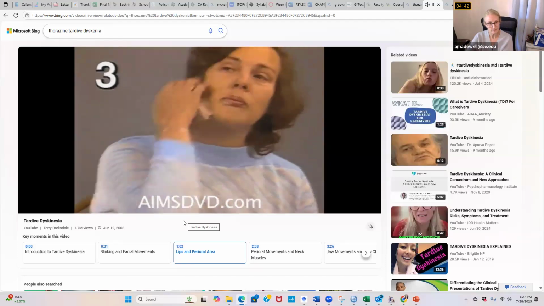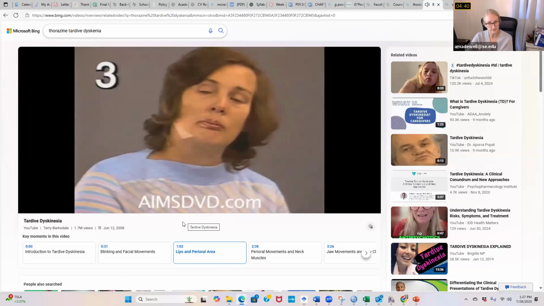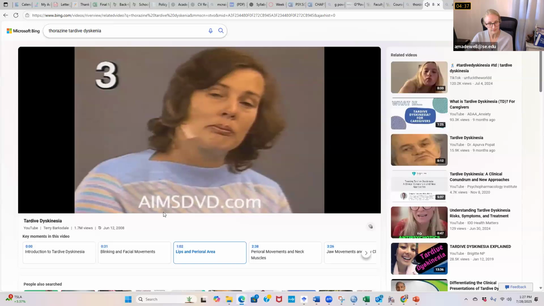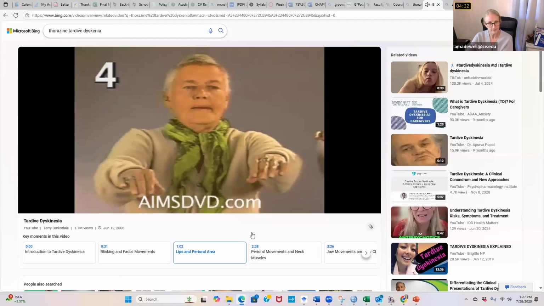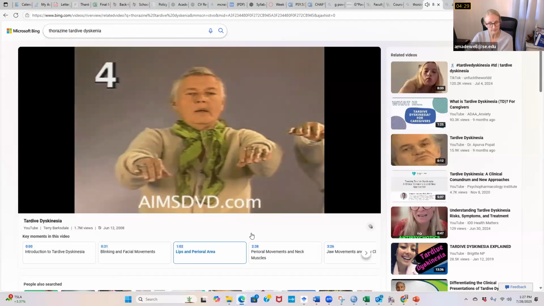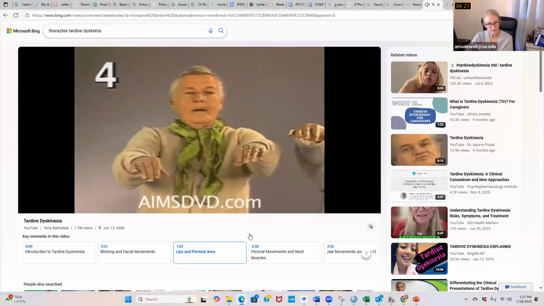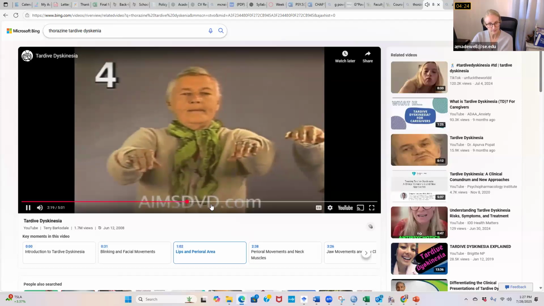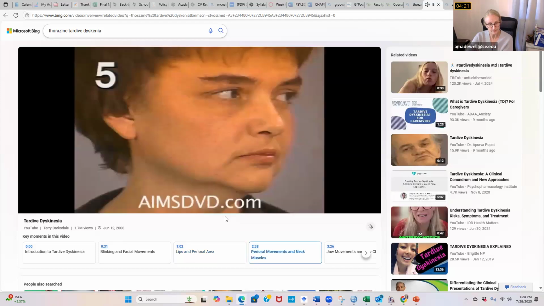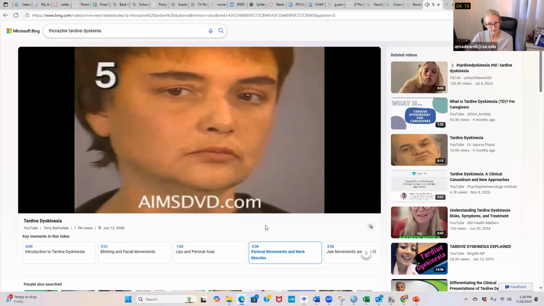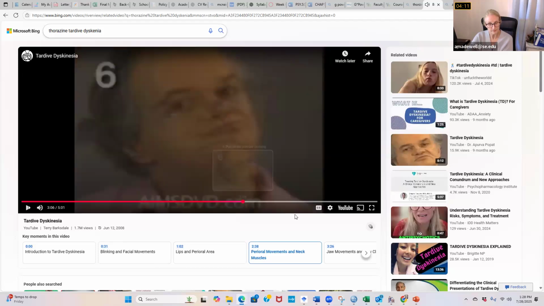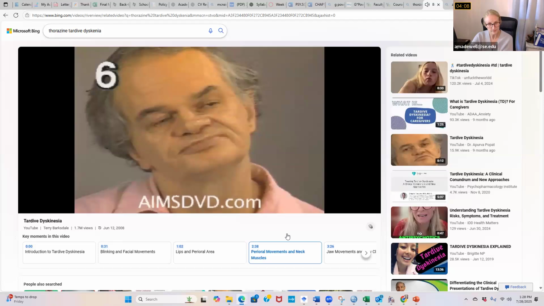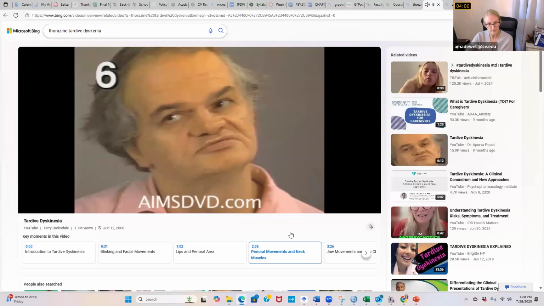Notice the sucking in the lower lip. Obvious perioral movements. Notice the frequency, also the amplitude. That is to say, the size of the movements.